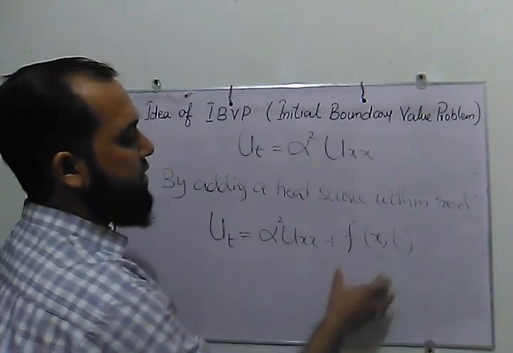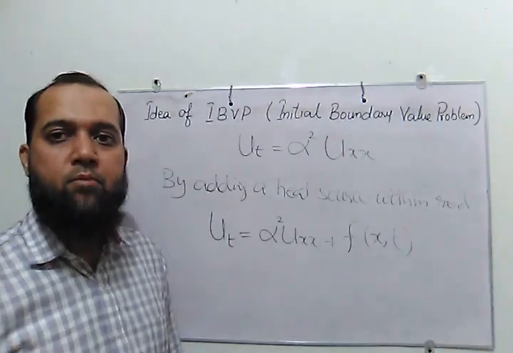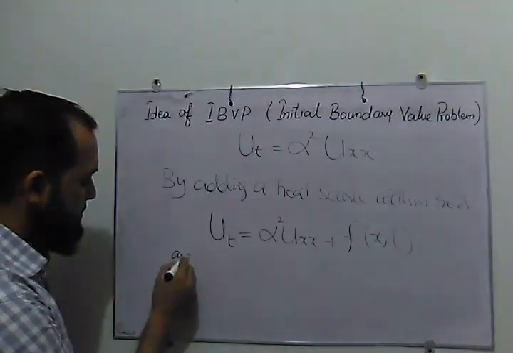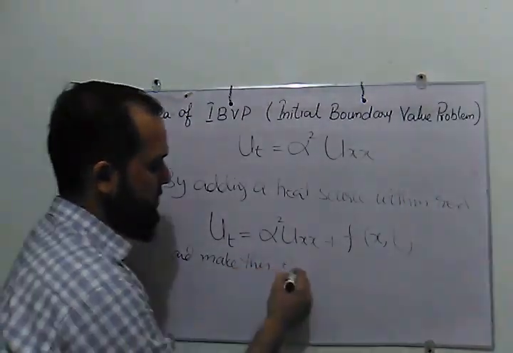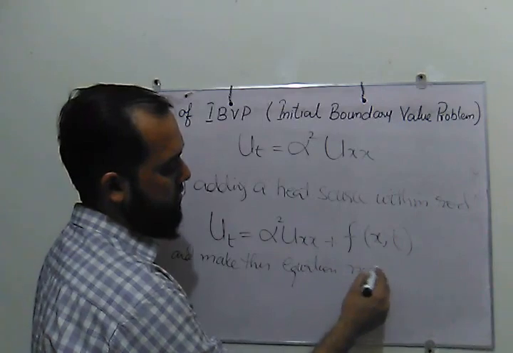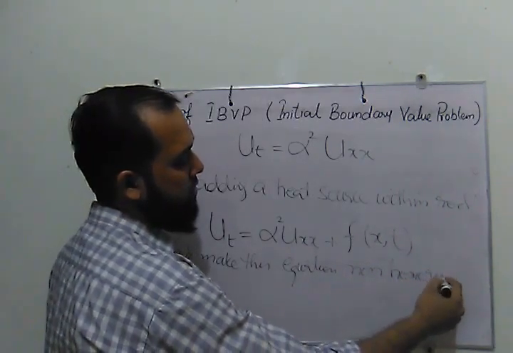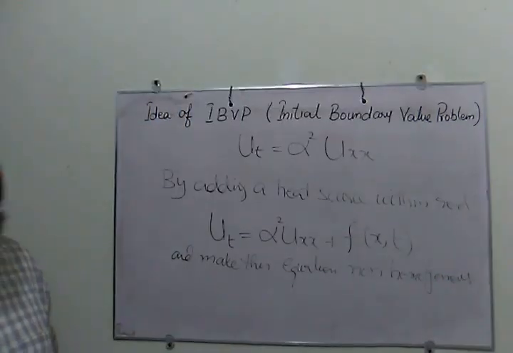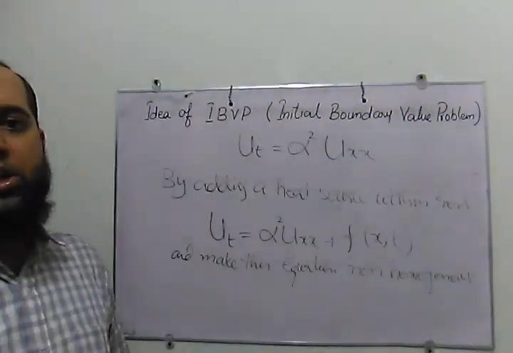There is some additional function of x and t, and that makes the equation non-homogeneous, and difficult to solve as well. So this is another complication we have added.